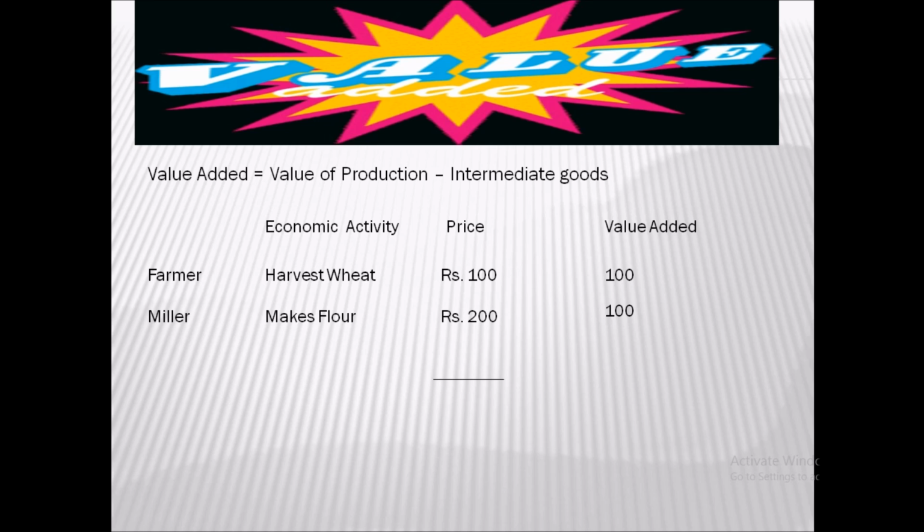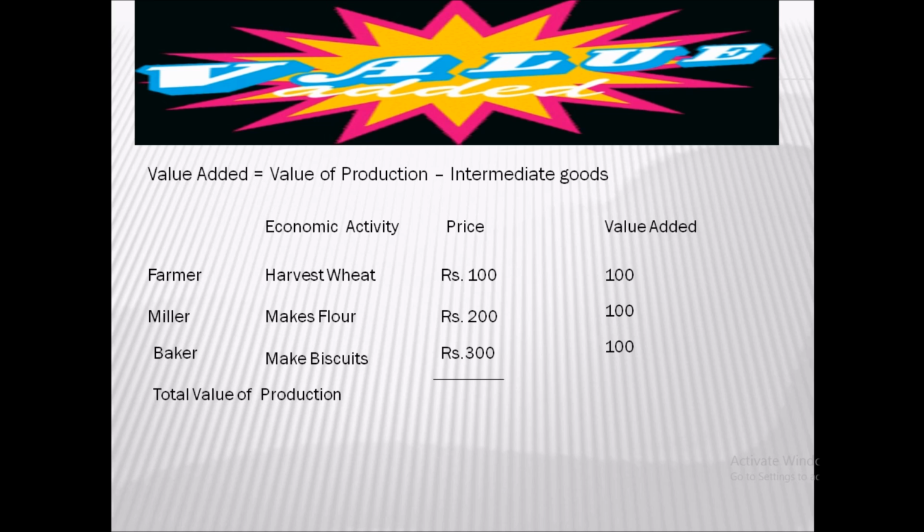Now the cost of the product has become 200. Now a baker buys this flour and bakes biscuits with it, and the value added by him is 100 rupees, and now the cost of the product has become 300.